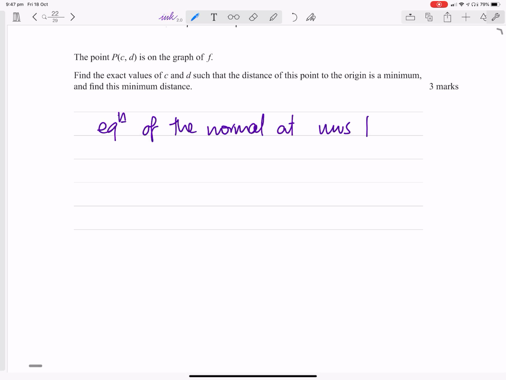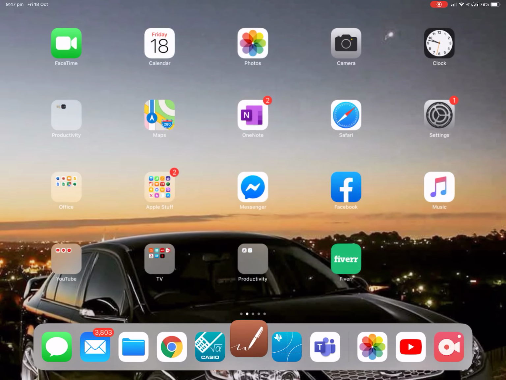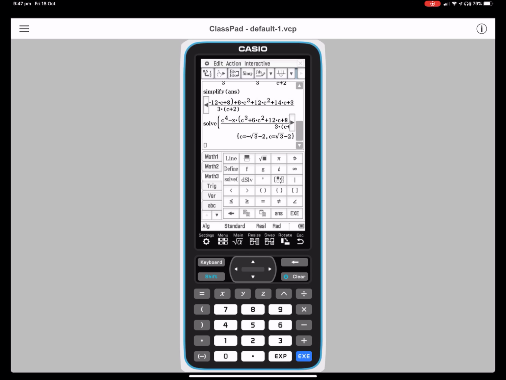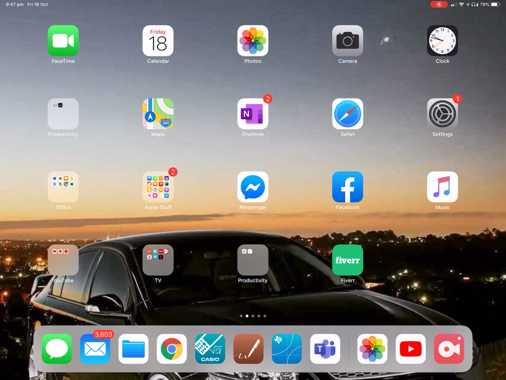Must pass through the origin. Therefore, C equals negative root 3, hang on, root 3 minus 2.